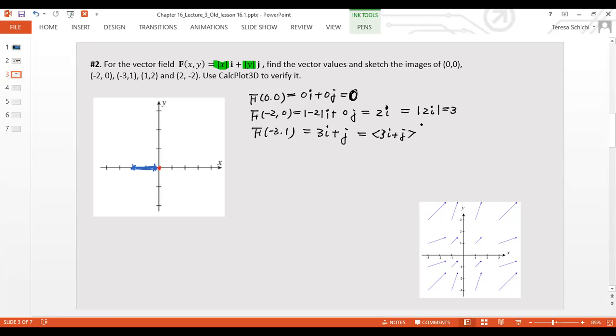We know a vector has to have a point and also a length, right? The length here is 9 plus 1, so it's equal to the square root of 10.